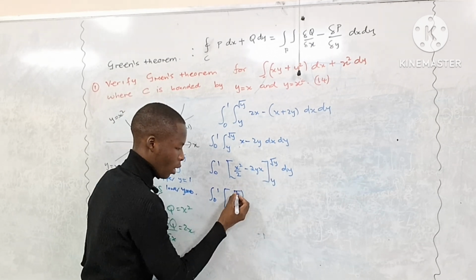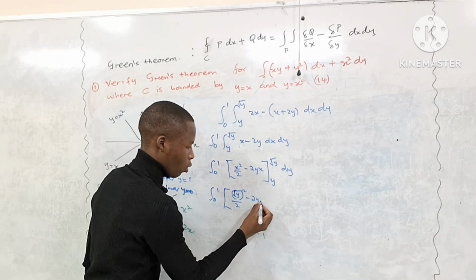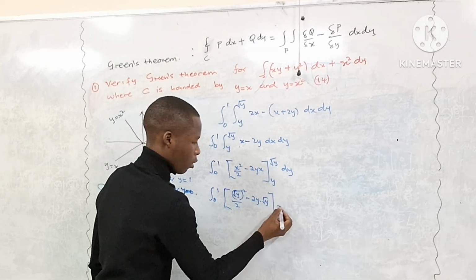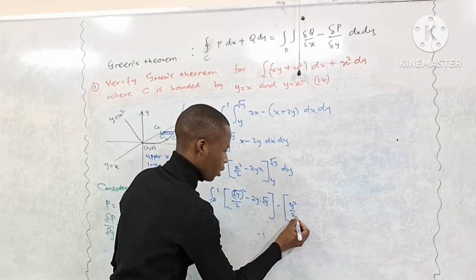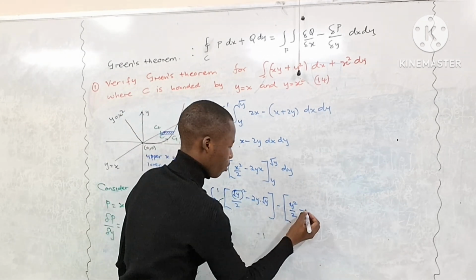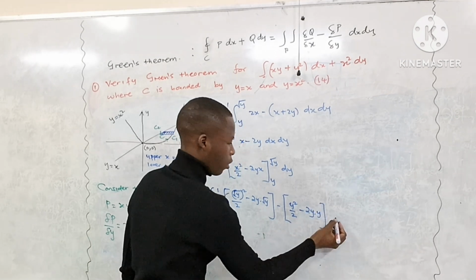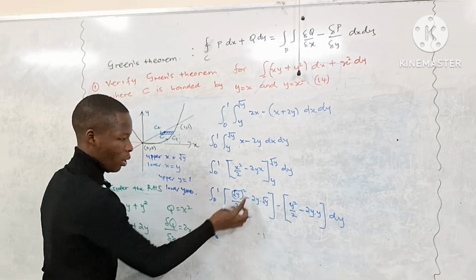So root y to the power 2 is y, giving y by 2 minus 2y into root y. Subtract, this is y squared by 2 minus 2y into y, with respect to y, from 0 up to 1.